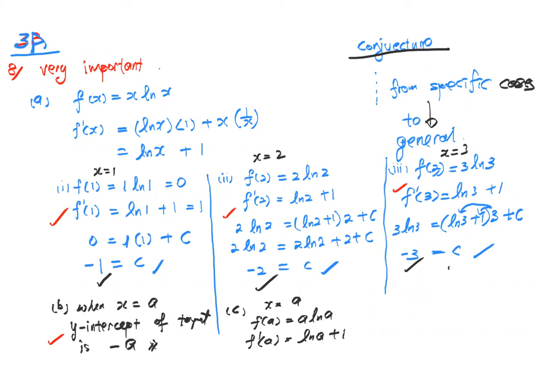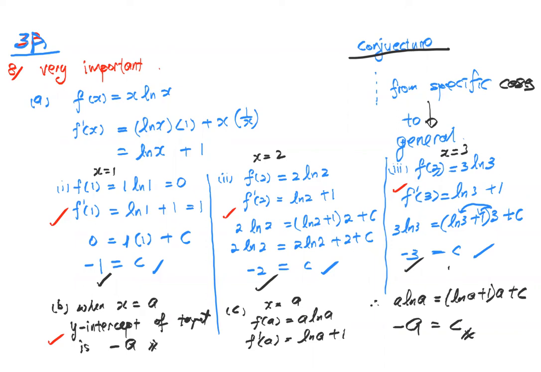So therefore, a ln a equals, repeat whatever you have in part A, but you put x equals a. Are you clear? So (ln a plus 1) times a plus c. Therefore, c equals -a. Done. For this part, I will give you 2 marks.